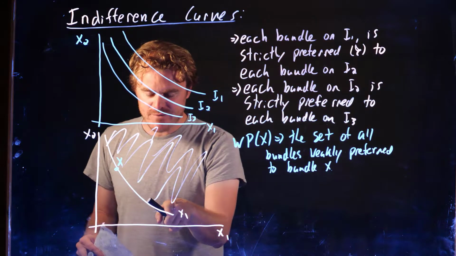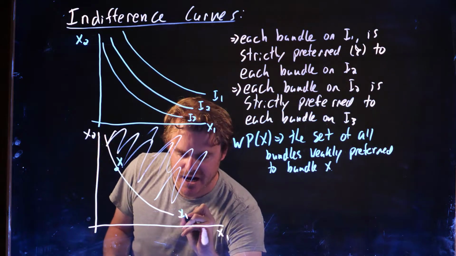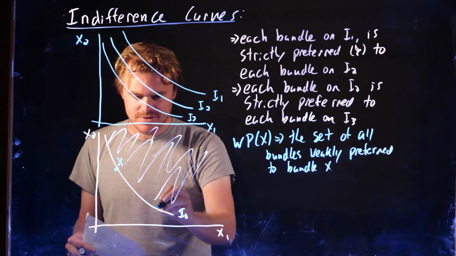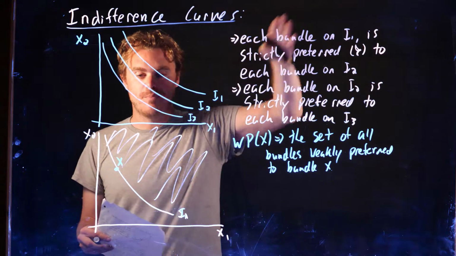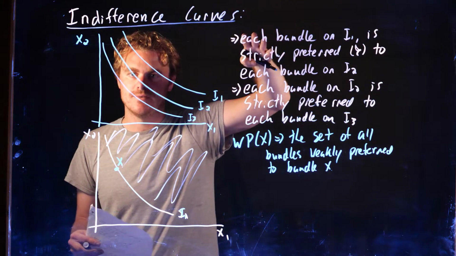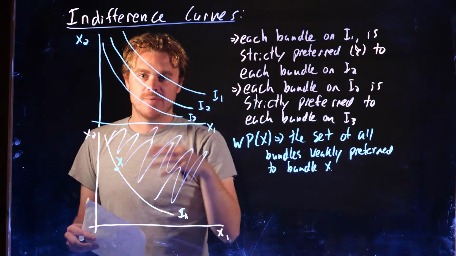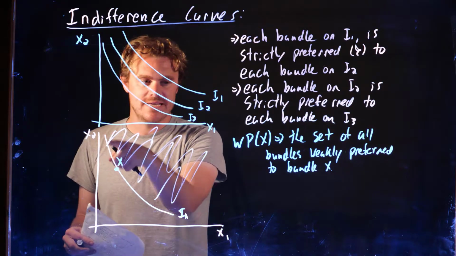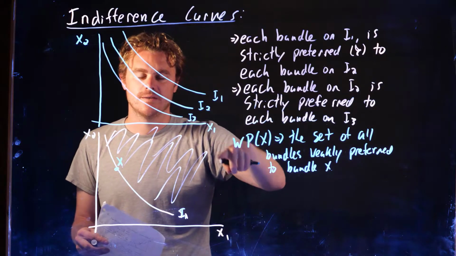So that's going to be everything on this indifference curve. That should say I1, sorry. That includes all the bundles on this indifference curve, plus all the bundles further from the origin. That's going to be the set of weakly preferred bundles to bundle x, right? But it includes the indifference curve because it's weakly preferred.